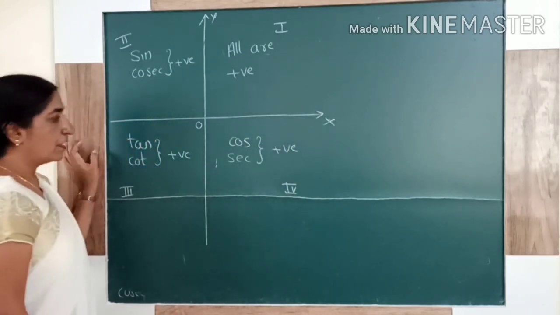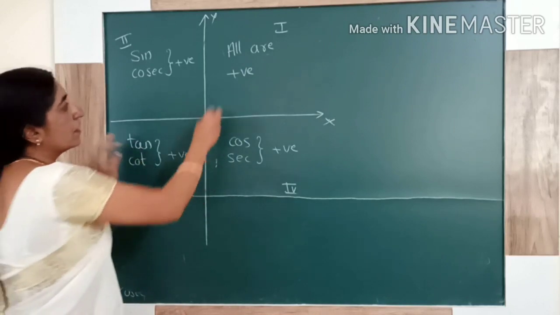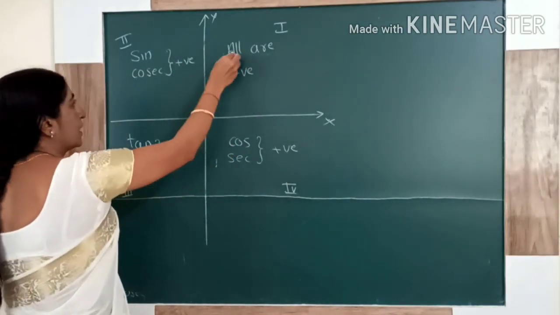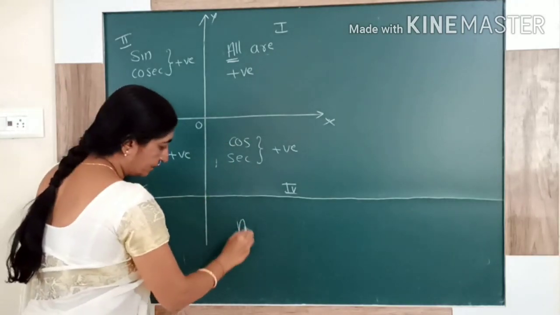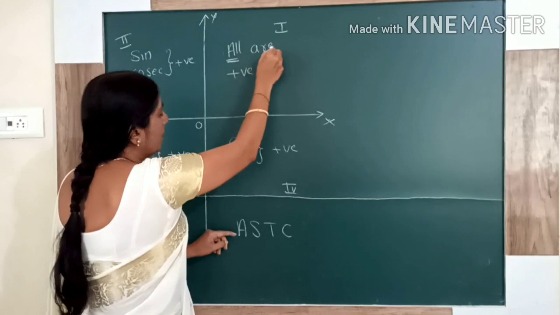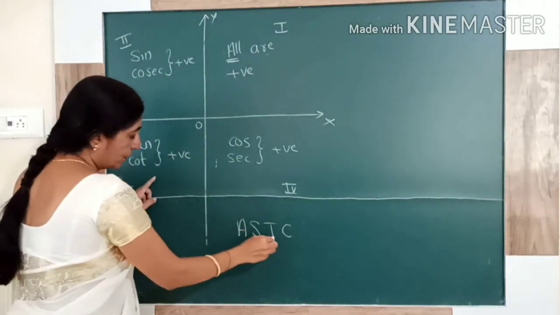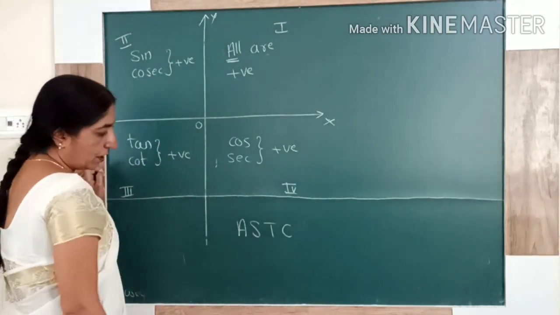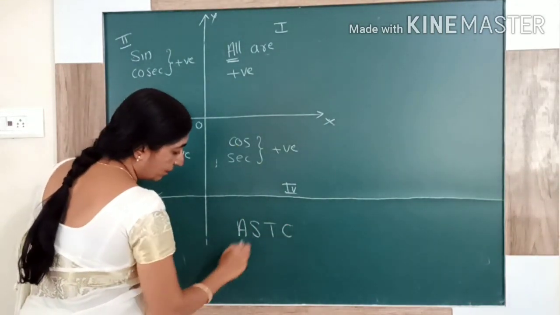The remaining are negative. See, I am giving you one interesting slogan to remember this. See, all first letters A, S, T, C. A, all are positive. S, sin and cosec are positive. T, tan and cot are positive. C, cos and sec. How to remember?